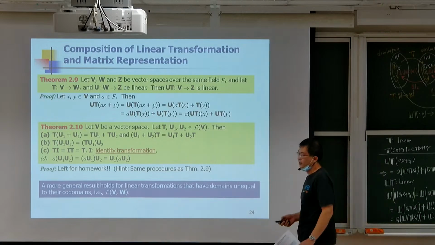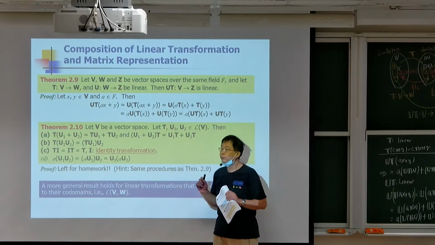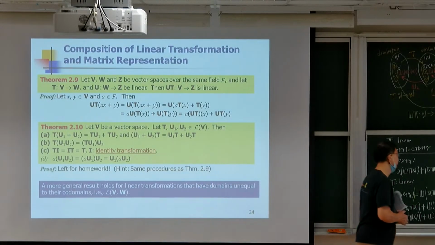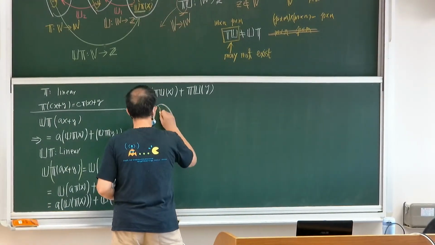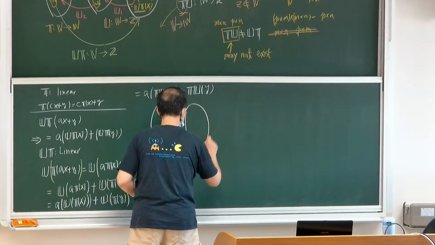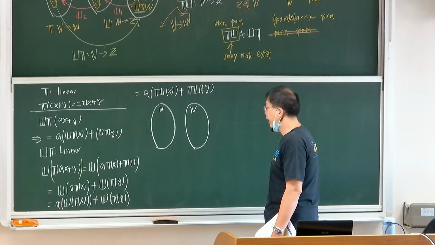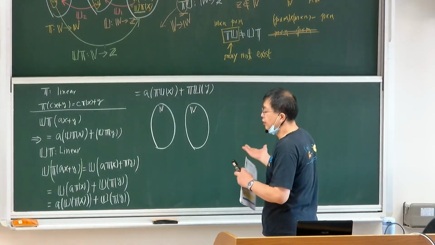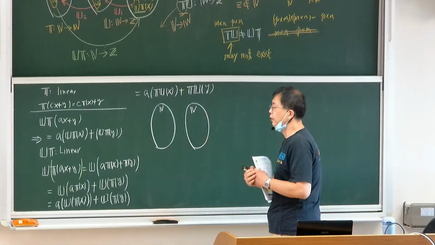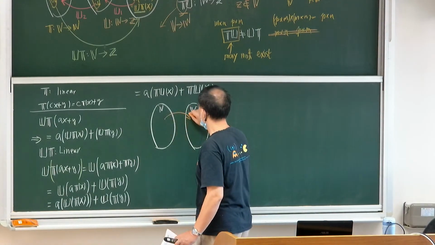And then the next theorem, 2.10. Here we assume we only operate on vectors from V to V. Between these two V vector spaces, there are a lot of linear transformations.